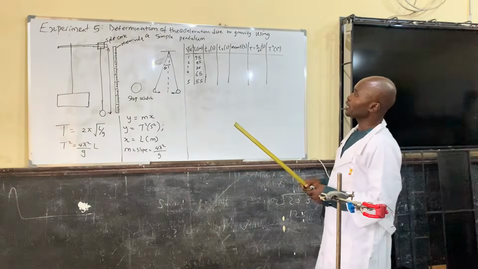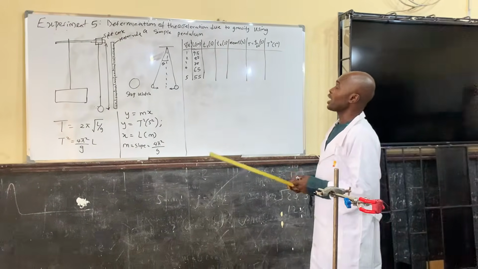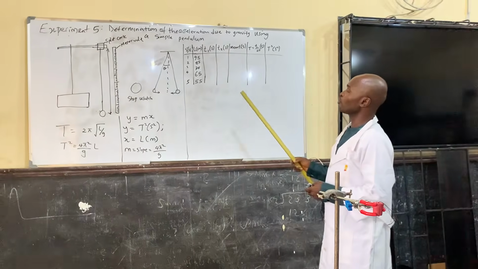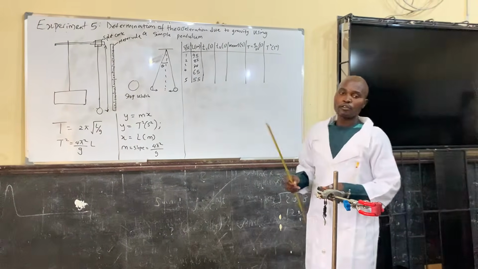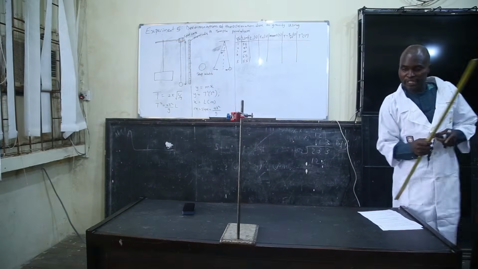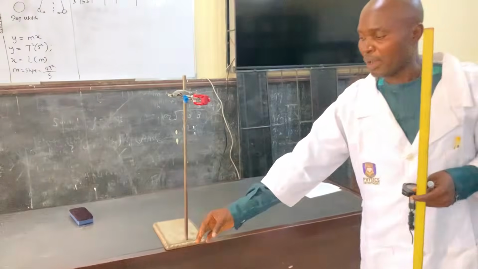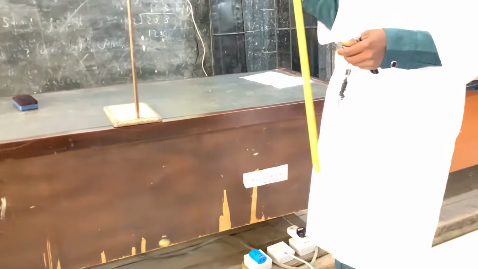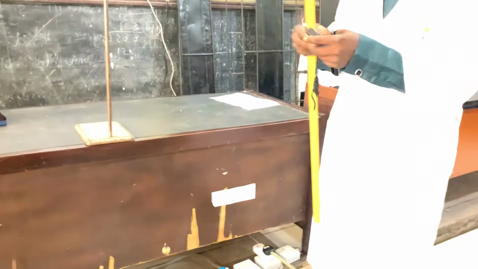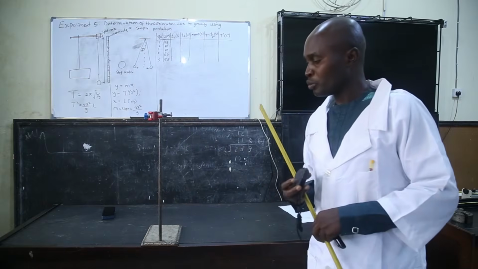Coming back to this, we have our table, but before we have our tabular reading, we have our setup. From this setup, this is our pendulum bob, the rope, and the retort stand. This is my meter rule, my stopwatch as shown.